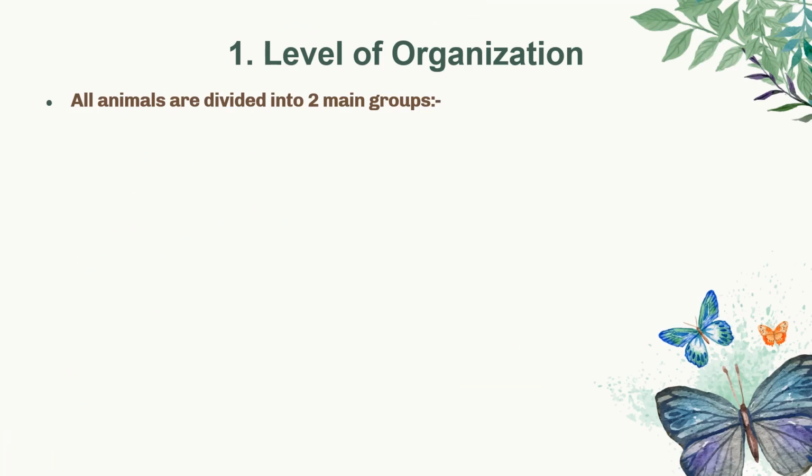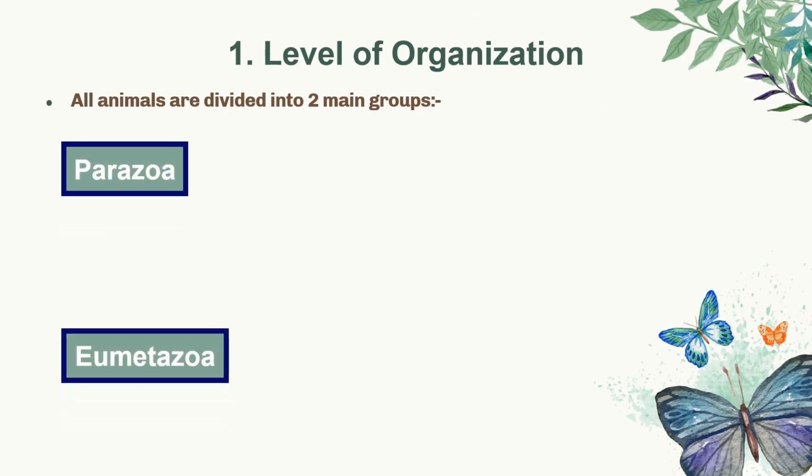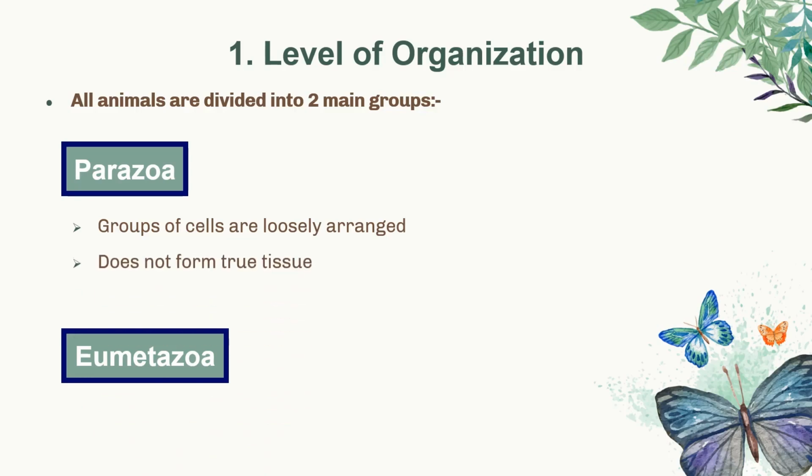In terms of level of organization, we divide all animals into 2 main groups, whether it is a parazoan or a eumetazoan. Parazoan is basically groups of cells that are loosely arranged. They do not form true tissues, while eumetazoan has true tissues.